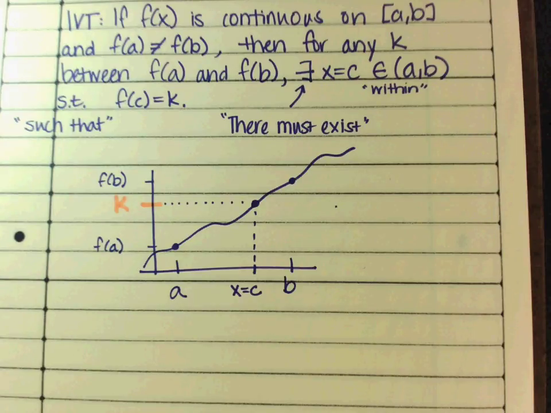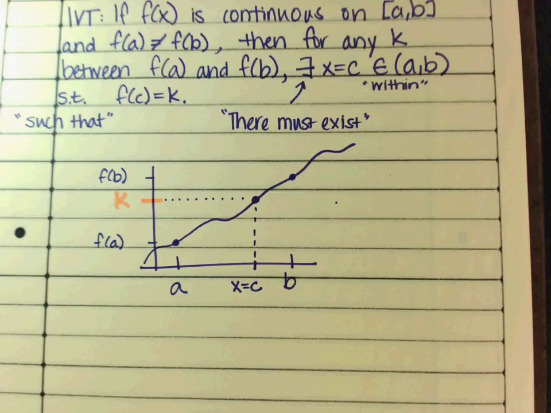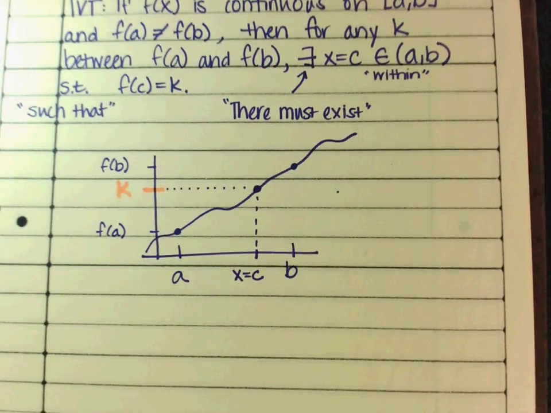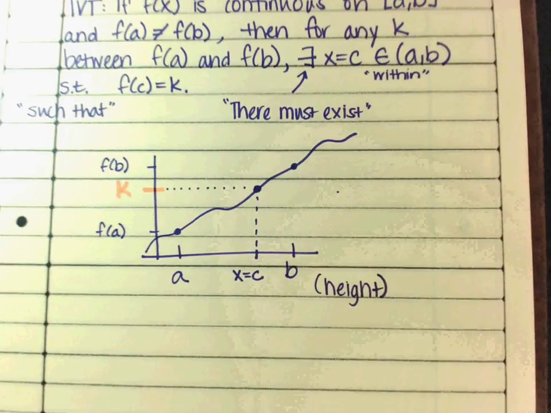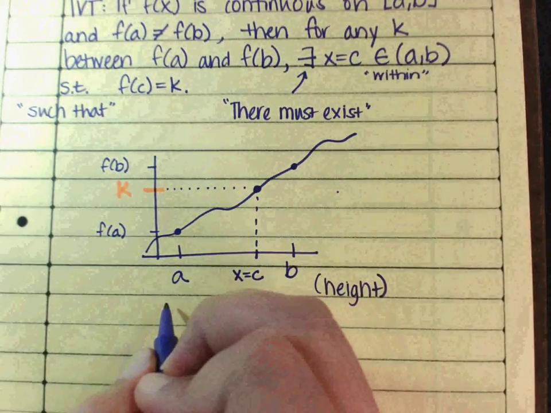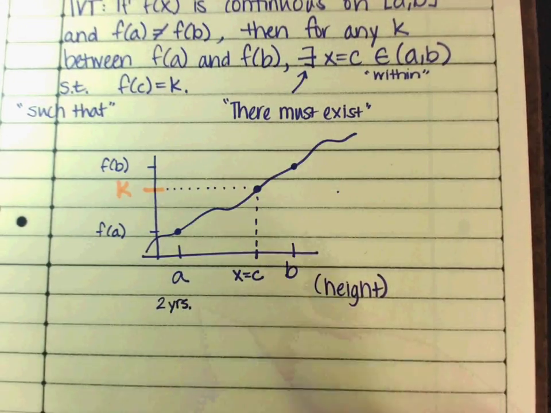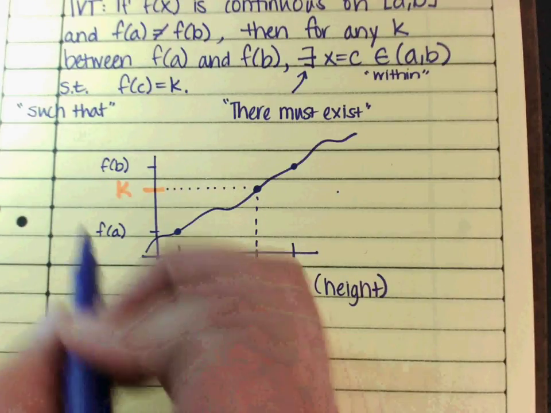Okay? Now, I'm going to give you one more example that will probably make a lot more sense than that. We're going to use height, because height is easy. So label this height. Okay, let's pretend like when you were 2 years old, you were 3 feet tall.